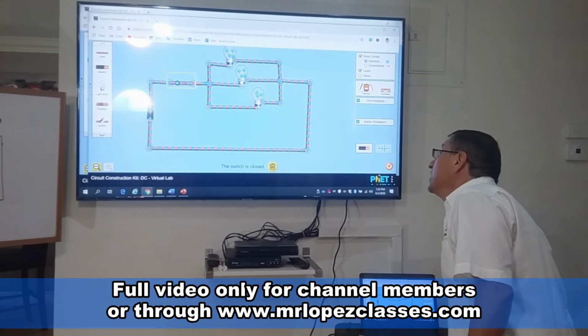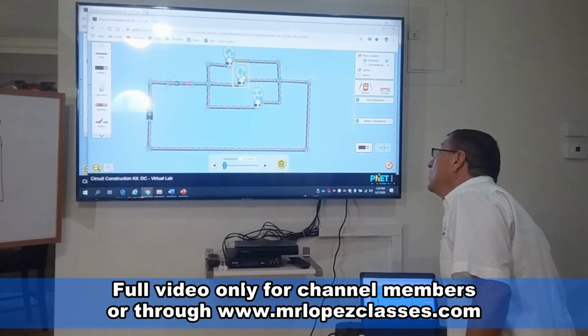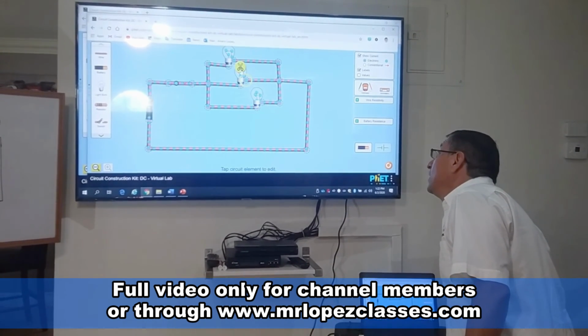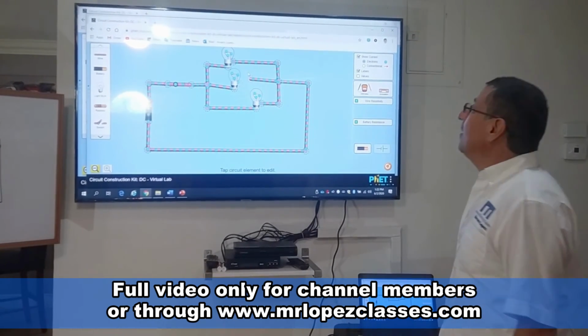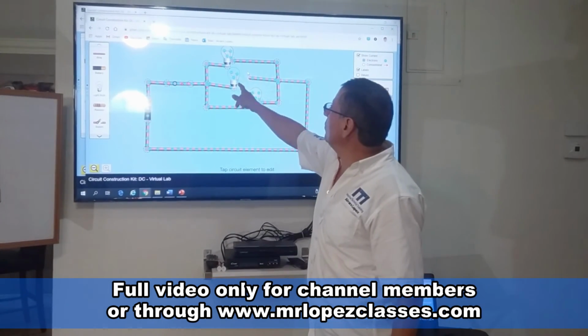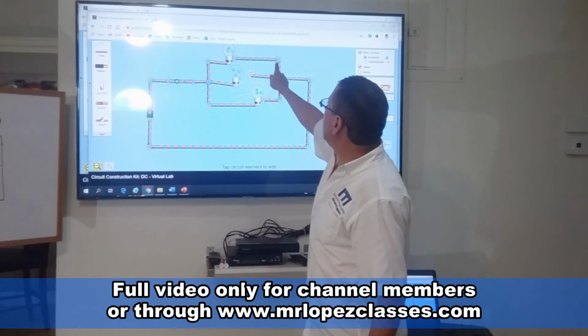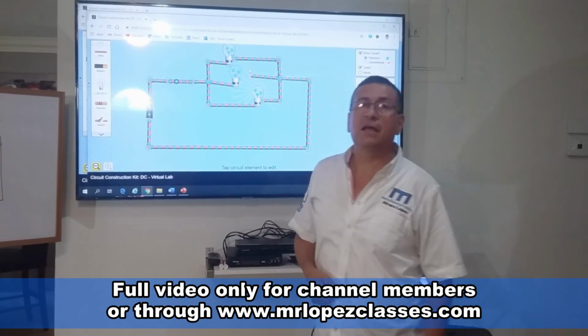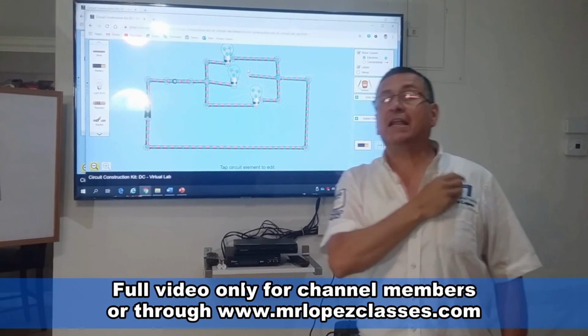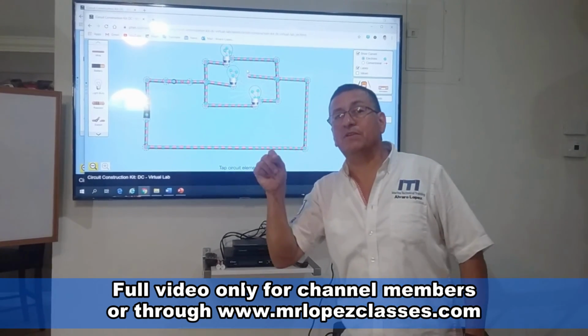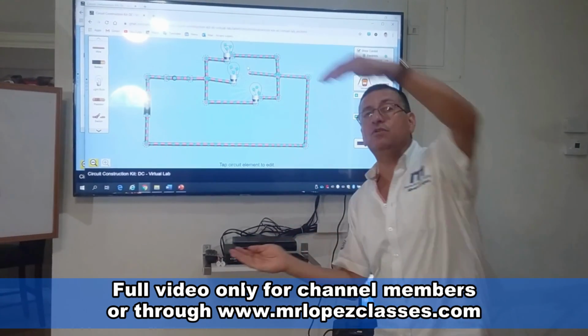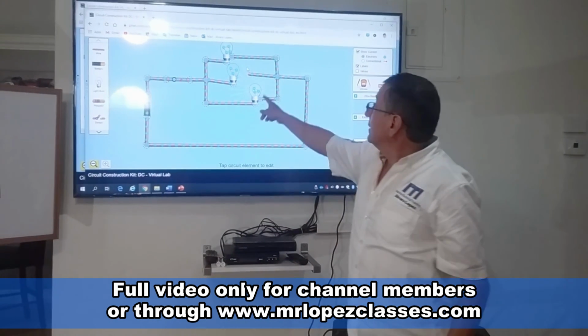In this moment it's running. The second light, the middle one, is broken, but the current passes through this and this path and closes again. If I have a parallel circuit and one of the elements is broken, the current continues through the other paths.